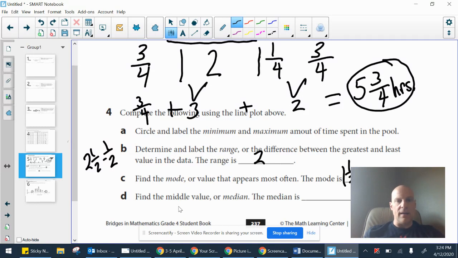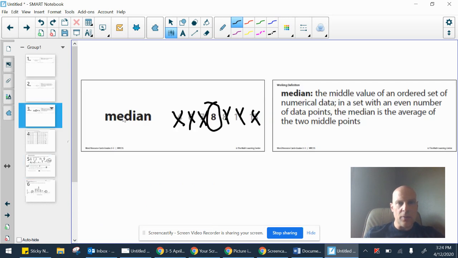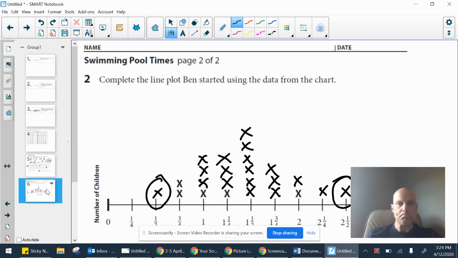So letter D, find the middle value or the median. Do you remember the trick that I showed you to do that? In order to find the median, let me remind you, remember what I did? I crossed off the lowest, crossed off the greatest, and I just kept doing that until I found my middle number. So I'm going to do that. Oh boy, if I cross it off with an X though, that's going to kind of make things confusing, isn't it?